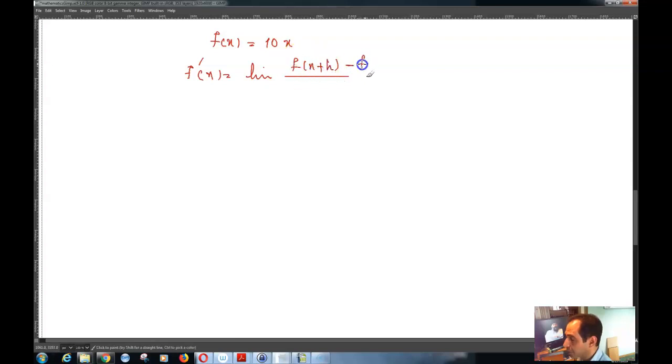Suppose you want to find the derivative of f of x is equal to 10x. Now we said that f prime of x is equal to the limit of f of x plus h minus f of x over h when h tends to 0.